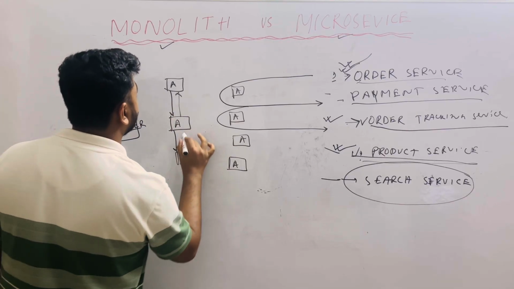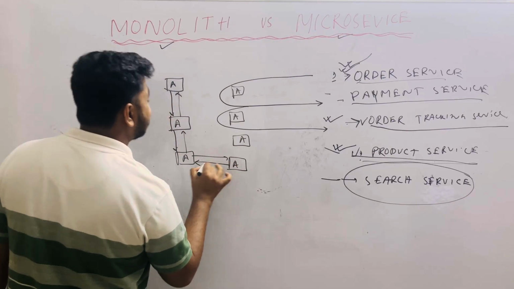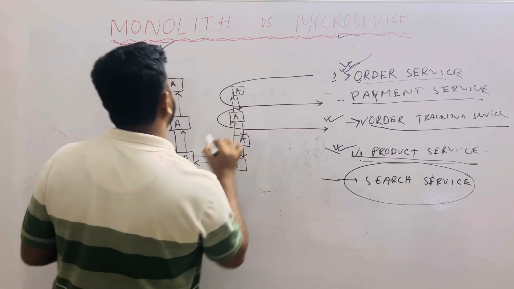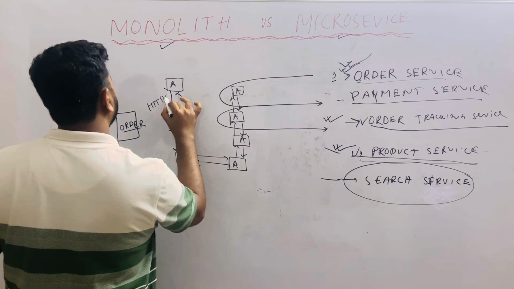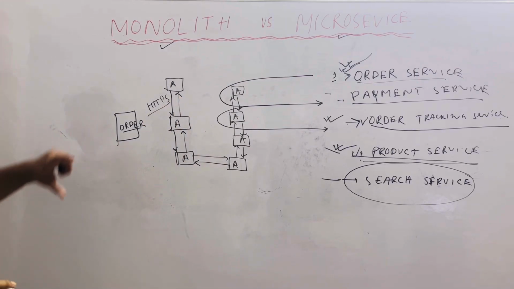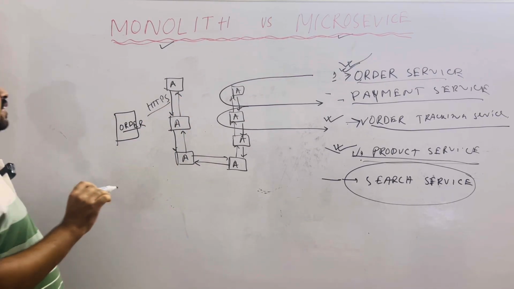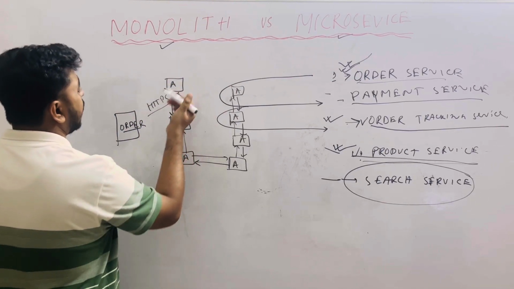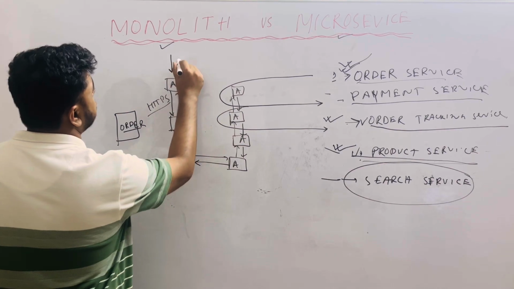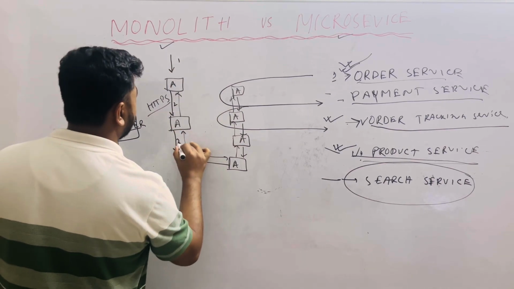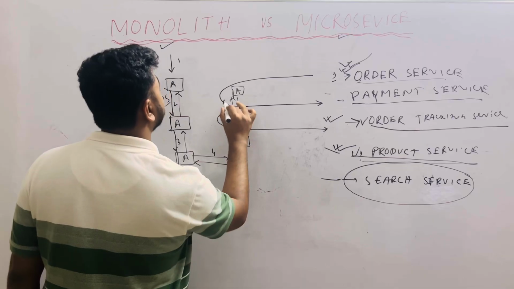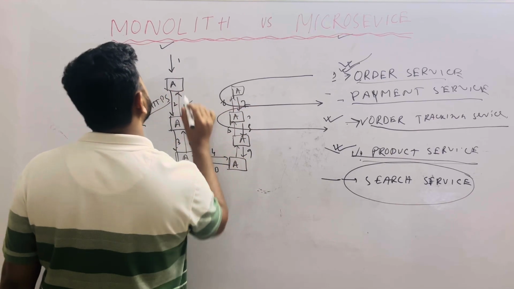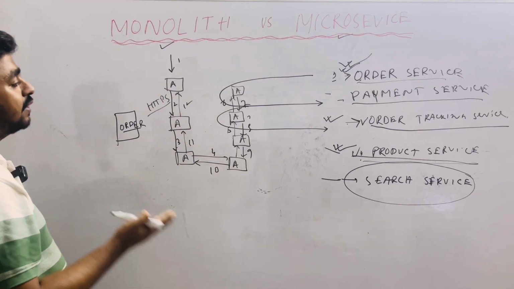Communication between two microservices is a little costly, because it has to go through a protocol like HTTPS. The architecture is very complex, because the actual process flow starts from here, goes to here, then here, then here, and then returns, coming back again. So the complexity of the data flow will be difficult to track.